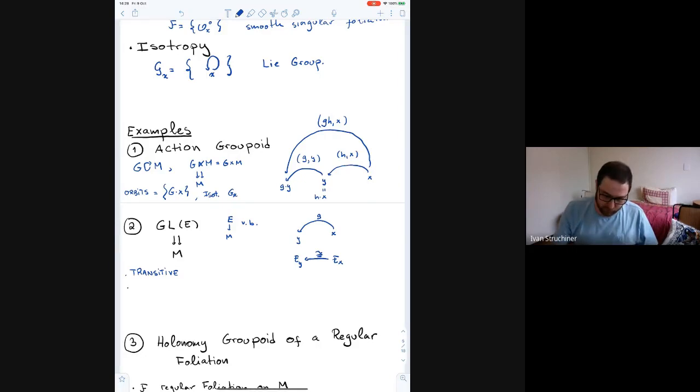And the isotropy, so if you look at the general linear groupoid isotropy at X, this is just the general linear group of the fiber E_X. So this is a groupoid which appears very naturally when you're studying vector bundles and automorphisms of vector bundles and things like that.